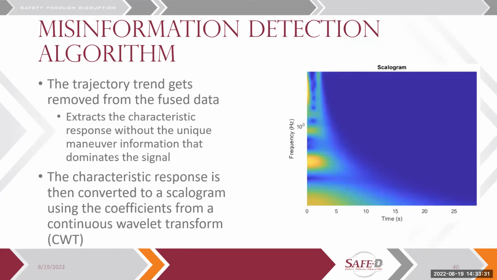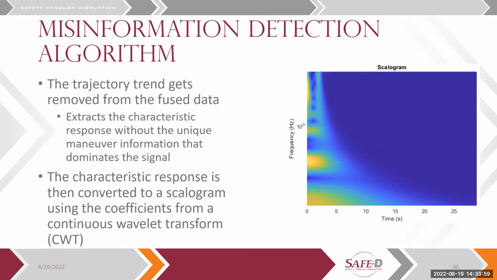And then after that, the trajectory gets removed, so that all you get is the characteristic response, the noise of the signal. You flatten it, and then that gets converted to a scaleogram using the coefficients from a continuous wavelet transform. So what you're left with is this plot here of the frequency response over time.